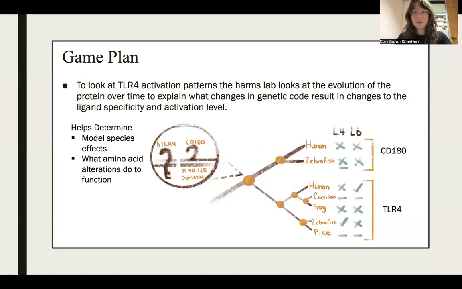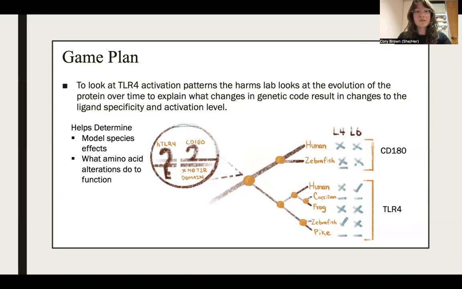Understanding these rules allows us to transfer data collected from model species such as zebrafish to applications in humans. In addition, the data from these experiments helped us to understand what changes in amino acid sequence have on protein function. However, when the TLR4 in question is far enough from humans on the phylogenetic tree, we experience difficulties observing the protein's activation.